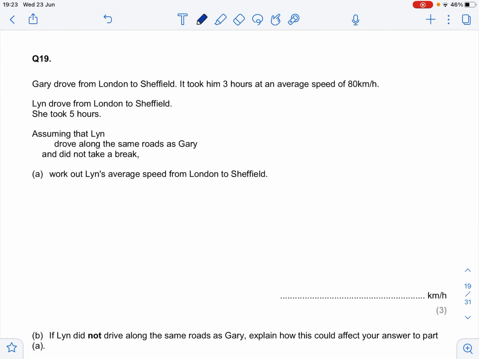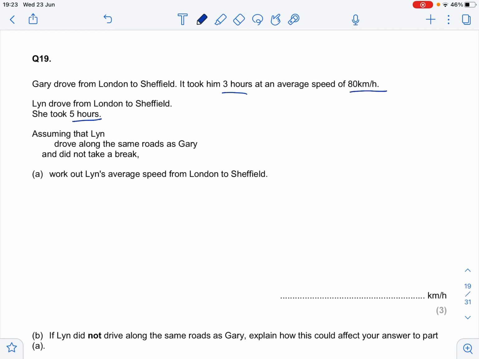Gary drove from London to Sheffield. It took him 3 hours at an average speed of 80 kilometers per hour. Lynn drove from London to Sheffield. She took 5 hours. Assuming that Lynn drove along the same road as Gary and did not take a break, work out Lynn's average speed.